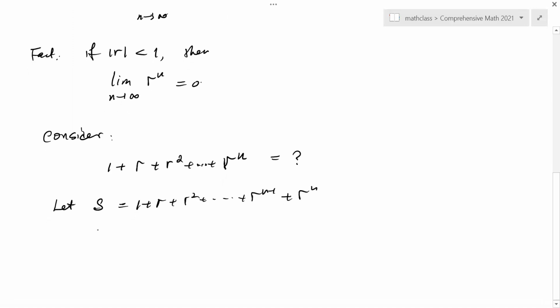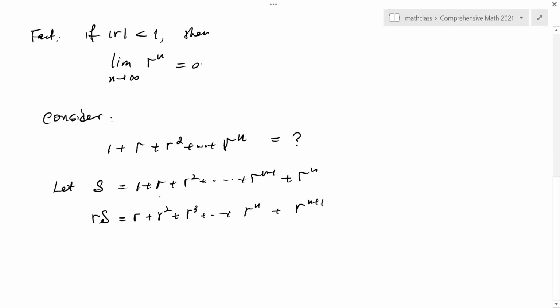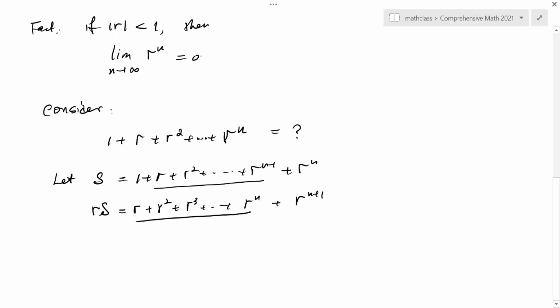So I'm going to multiply S by r. Then I find the first term is r times 1, r times r is r squared, r times r squared is r cubed, and r times r to the n minus 1 is r to the n, right? Then you see that this long group of terms is identical.